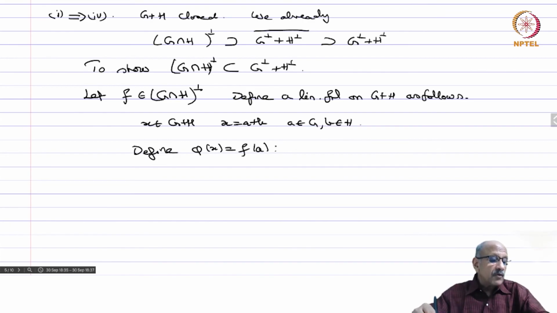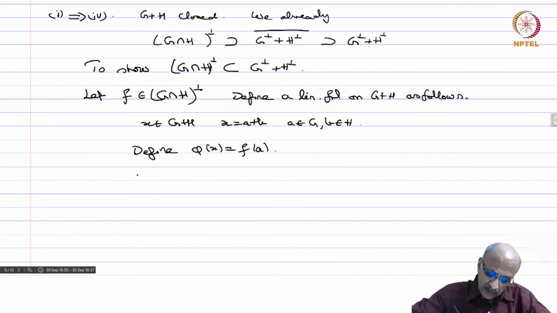We have to first check that this is well defined, because we have taken a decomposition and in terms of the decomposition we have defined this functional. So it should be independent of the decomposition chosen, only then this becomes well defined.